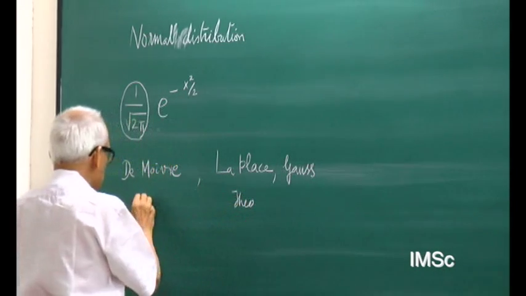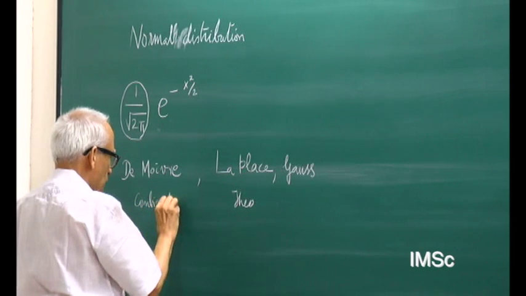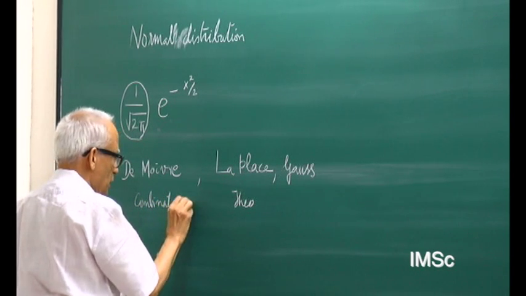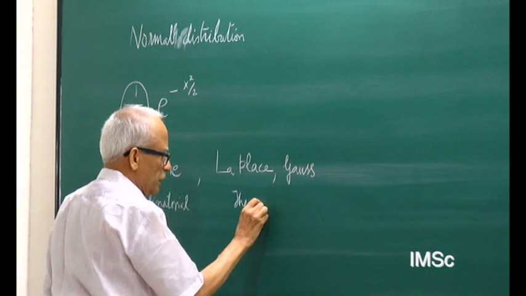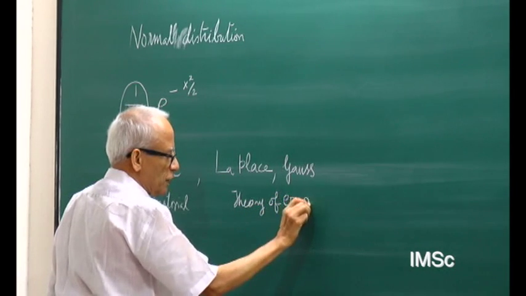So this is combinatorial. This is the general theory of errors, the principle of least squares analysis.